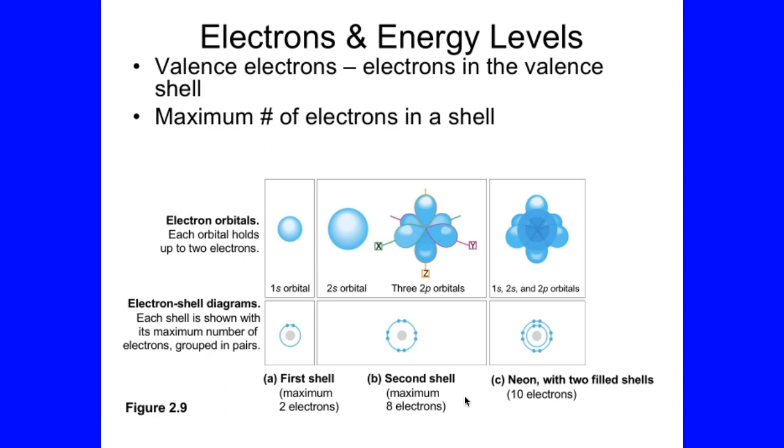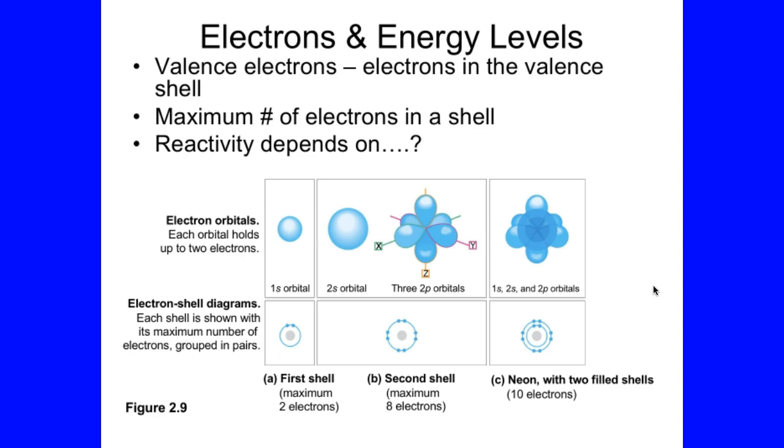Okay, the maximum number of electrons in a shell are going to basically depend on how that particular element reacts with anything else. So if you go back to look at your periodic table, any of the elements that are in group 8, the ones on the far right-hand side of our periodic table, those actually have 8 electrons in their outermost shell, or in their valence shell.